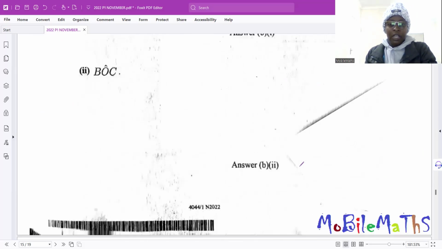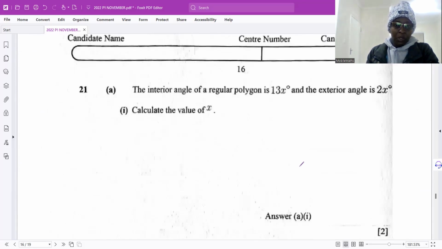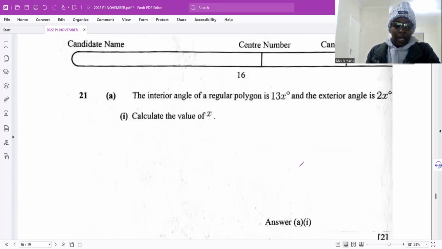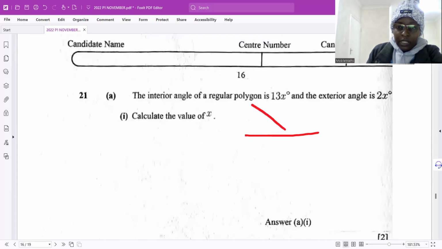Let's move on. That's the last one. Number 21 is saying the interior angle of a regular polygon is 13x degrees and the exterior angle is 2x. So when we talk of interior angle, this is the interior angle, which is 13x degrees.